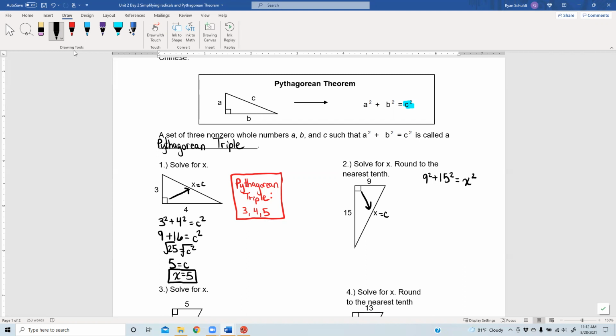The first one I said C because I know a lot of y'all are used to A squared plus B squared equals C squared. Let's get in the habit of putting the actual variable in there. It's not C, it's X.